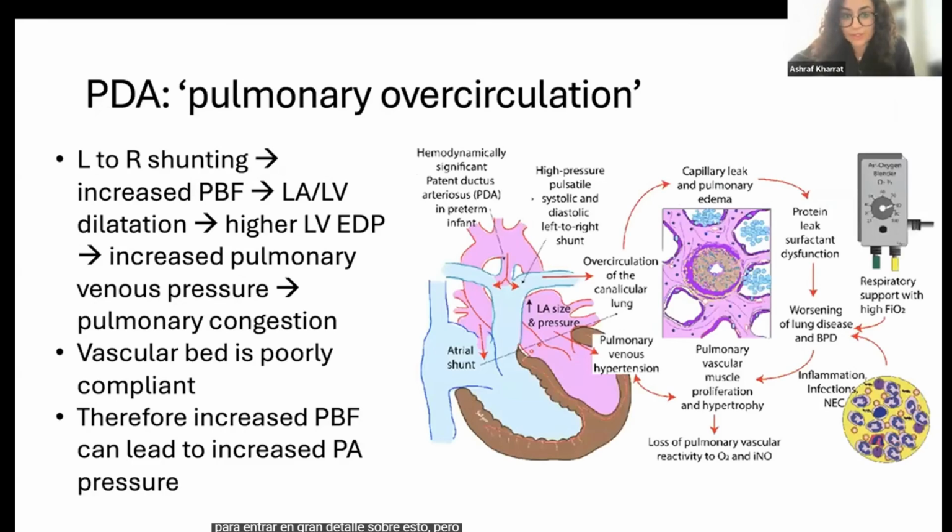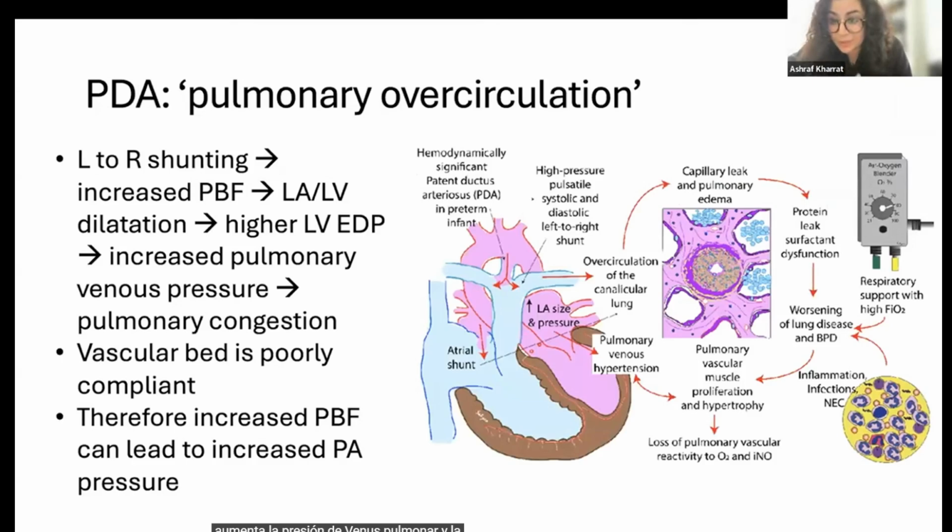Okay, the PDA. No need to go into great detail about this, but we talk a lot about pulmonary overcirculation. So we know that the PDA causes left-to-right shunting, which causes increasing pulmonary blood flow, and there are left-sided impacts when we see those chronic shunt-exposed kids; they can have LA-LV dilatation. But this ends up having a back pressure into the pulmonary vasculature, so increased pulmonary venous pressure and pulmonary congestion.